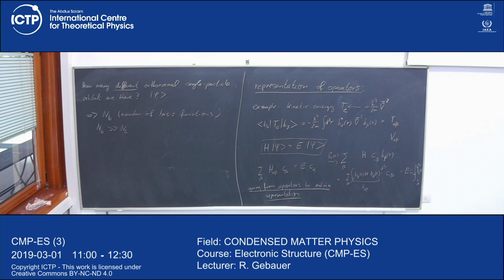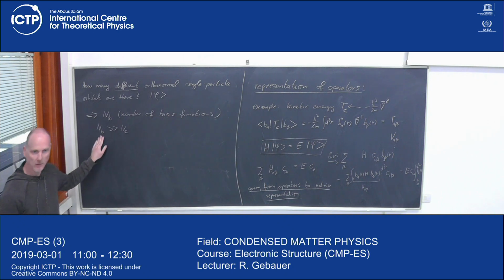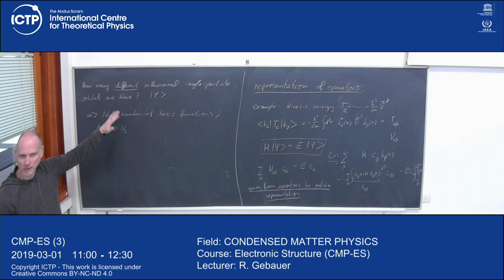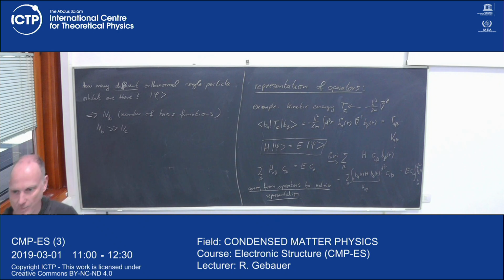But an atom, if it's a larger one, has perhaps 10 electrons or so. So there are many more basis functions in our systems than electrons, which is normal because we have to allow our wave functions to adapt to the problem at hand. So we have to allow for a large variational degree of freedom for the wave functions, and therefore we need many, many basis functions to be as general as possible. So NB is always much larger than the number of electrons.